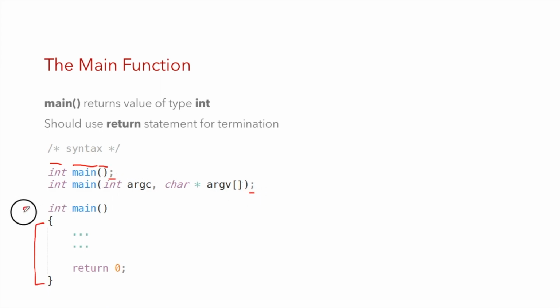So this is a standard structure of a main function. I have a return type int, then main with the parenthesis, then you have your statements inside these curly braces, and at the end you have a return 0. Now we are passing 0 over here because the return type of the function main is int.